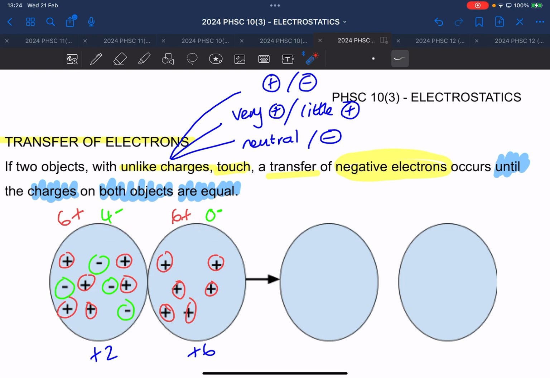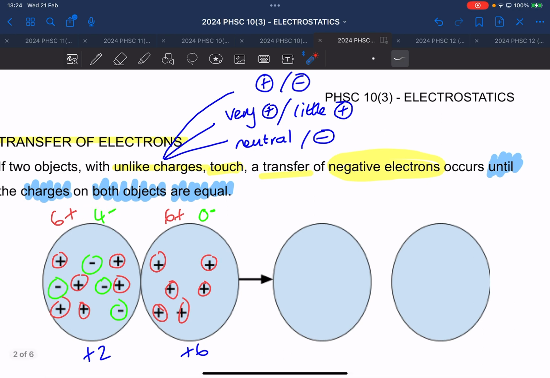You can't transfer positive things, then you have an atomic bomb. Okay? So because this has more negative things, it's going to transfer from there to there. How many, Karabo, will transfer? All 4. Oop, go on that side. Then this one has 0 and this one is 4. 2, 2. They transfer until the charges on both are equal.